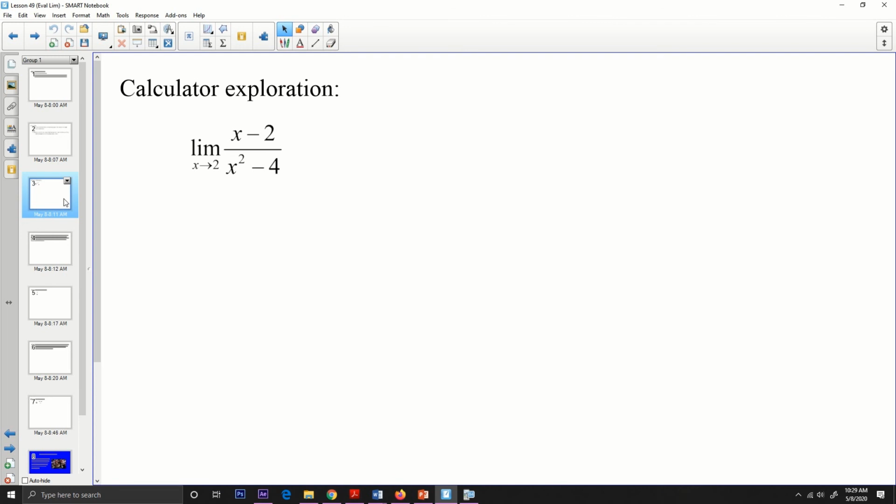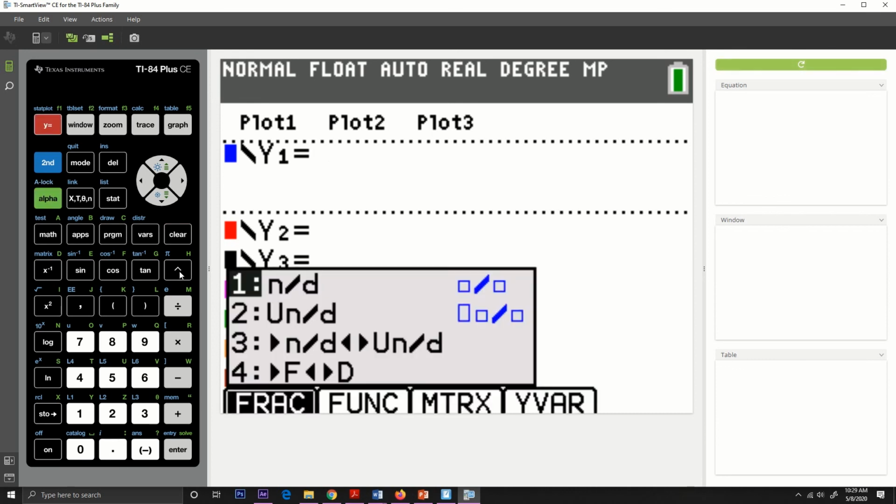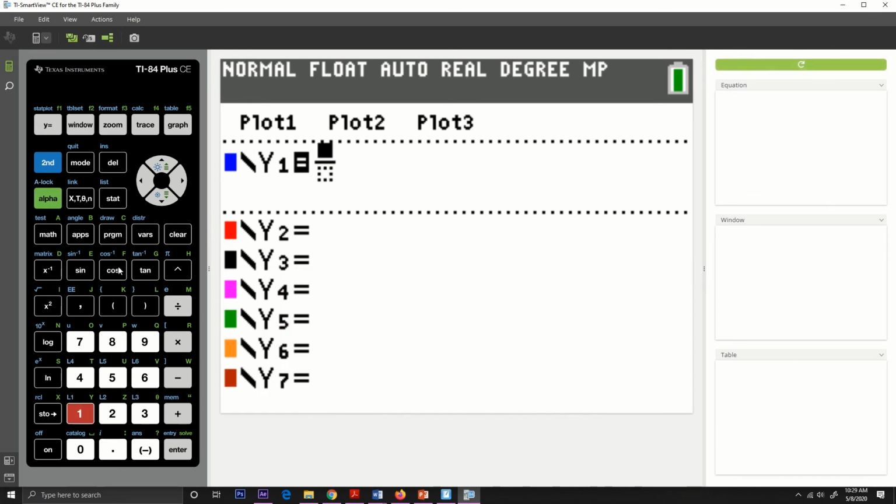So we saw this one in the last video, so I'd like to address it again. We'll pull up our graphing calculator, clear out that other fraction, and go alpha, y equals, and put up the fraction. It was x squared minus 4 over x minus 2.